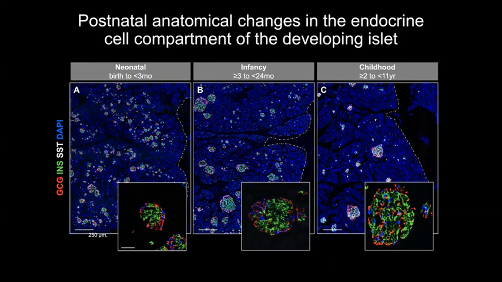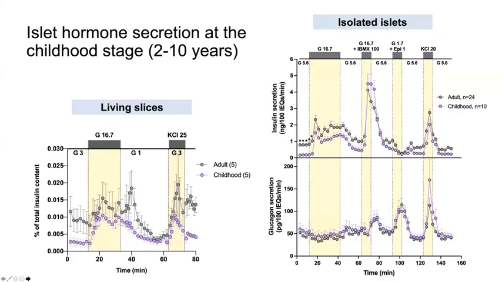What is striking is that there are a lot of insulin-positive alpha and beta cells early on. The question we had is, can we look at the functional maturation of these cells? What happens over time with insulin secretion and with the responses of beta cells and the other cells in the islets?